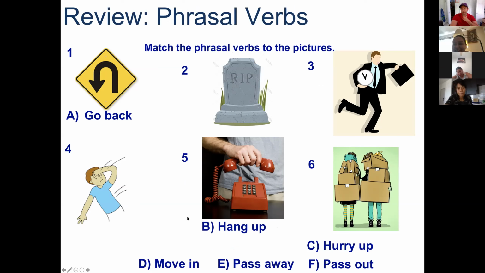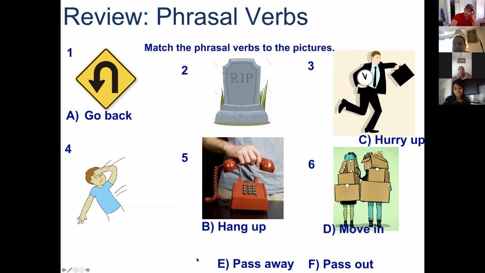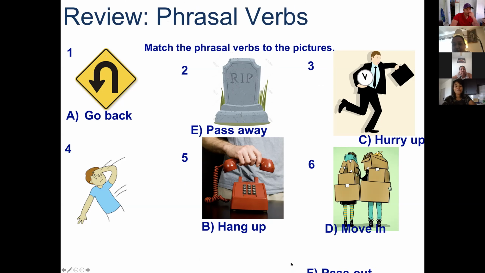We're doing it by B. Okay, so B goes with number 5, to hang out. Which one is hurry up? 3. What about to move in? 6. What about to pass away? 2. And then to pass out? 4.